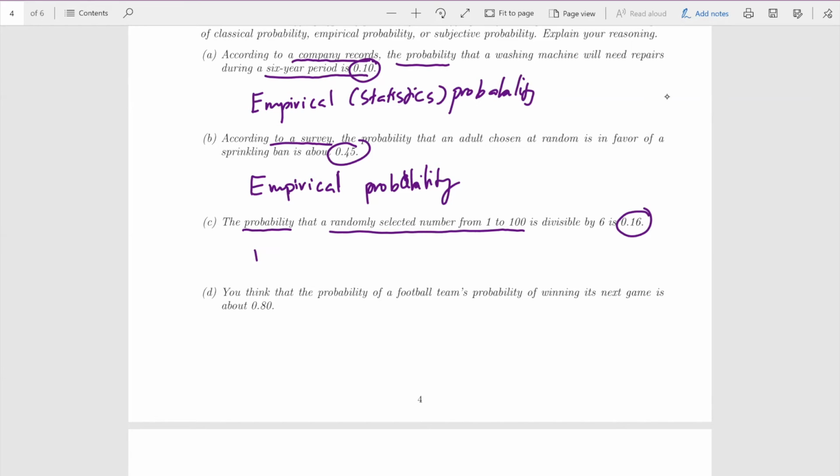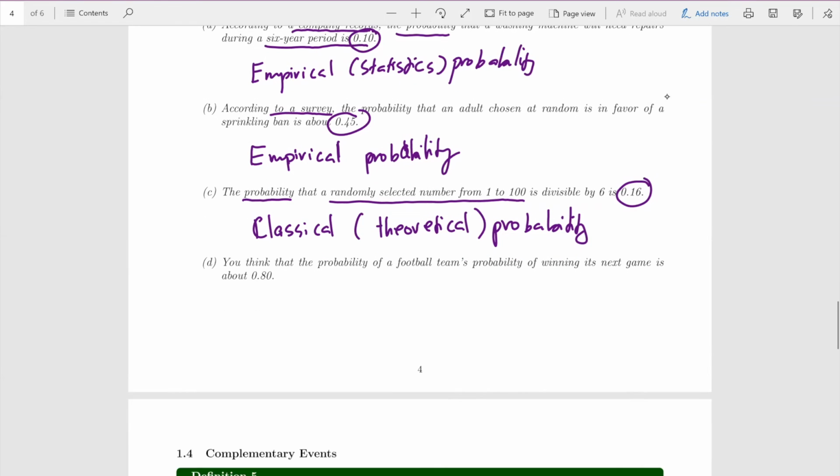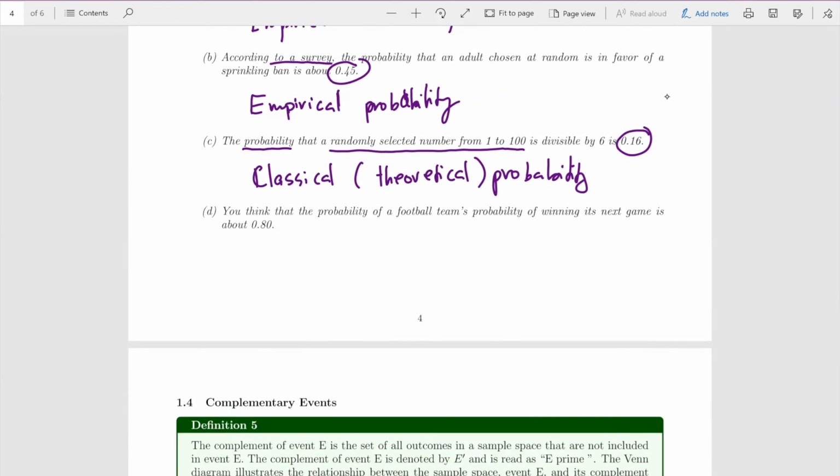So this is why it's a classical, theoretical probability. You did not use any surveys. You don't have to do any observations. You actually can count the exact number that are divisible by 6 from 1 to 100.